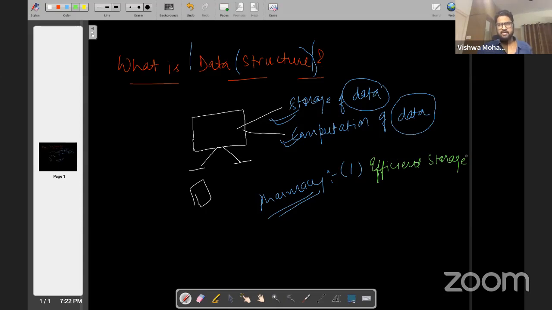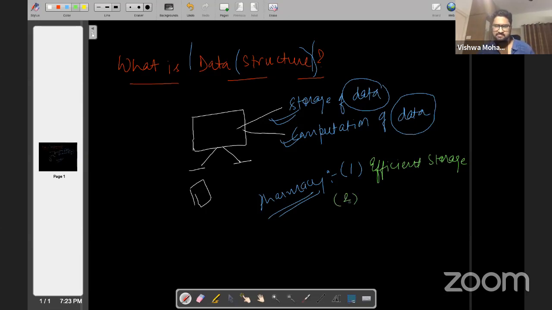For example, whenever you are arranging your traveling bags, if you don't arrange your clothes properly, you will see that it takes more space. I'm just giving you an analogy. But if you arrange it properly, in the same bag you can fit more clothes. The same is true with data as well. If you just keep dumping data on a hard disk, it may take more space. But if you store it in a properly structured way, the storage will be more efficient. So this is one important reason why we need data structures.